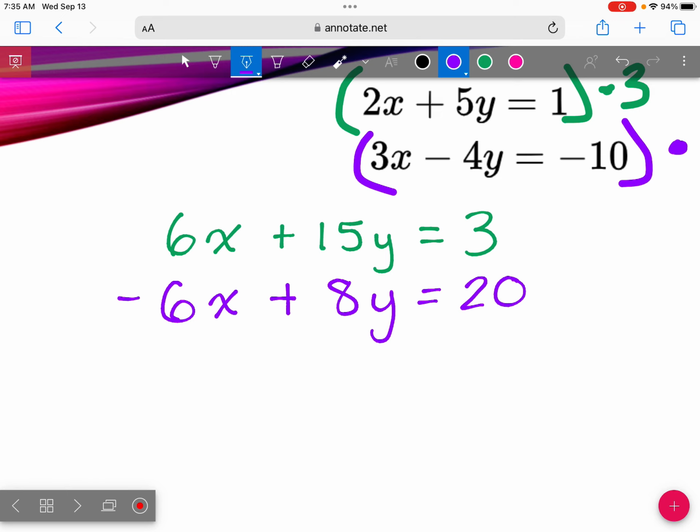They still mean the same thing. As long as I multiply all the pieces, we're good.